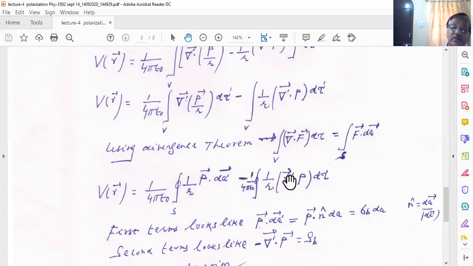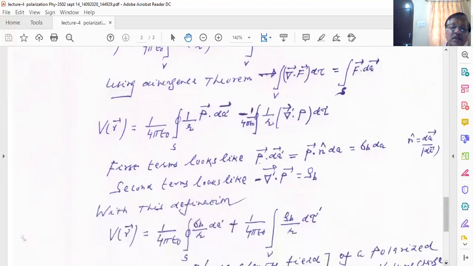Minus divergence of P is basically rho b, because the volume charge density of the bound charges is always negative divergence of vector P, which we have developed. So you can see here sigma b, dA prime appears here, because this is dA prime.